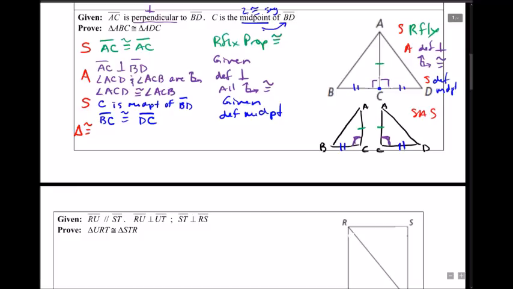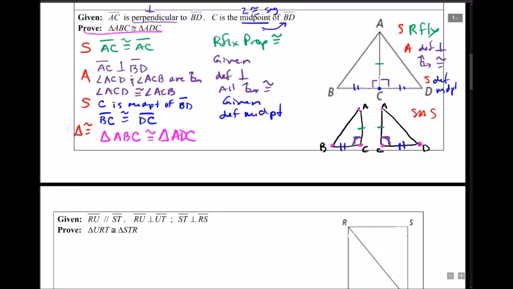And now I want to write my triangle congruence. So I'm asked to prove right here that triangle ABC is congruent to triangle ADC. Now, is that true? ABC, ADC.